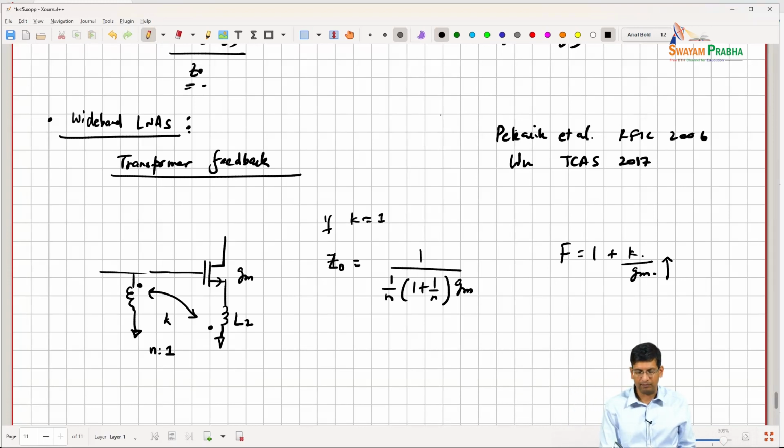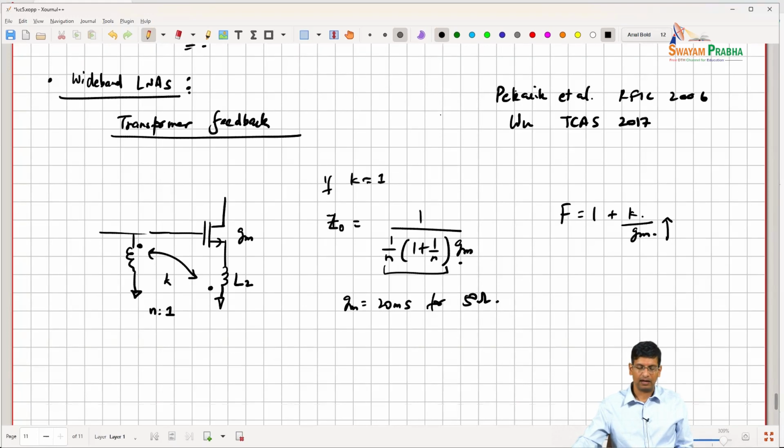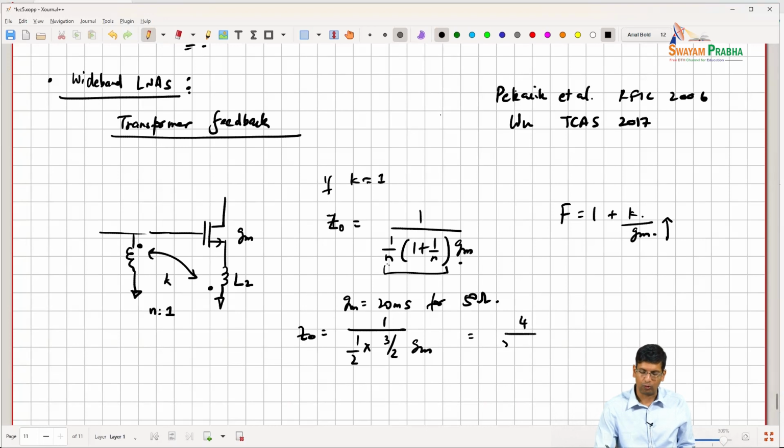But you are constrained here because if this didn't exist, gm would just have to be 20 millisiemens for a 50 ohm match. But because this n exists, let's say, for example, that n is 2. Then you have half times 3 over 2 times gm is Z naught, so then you basically have 4 over 3 gm is Z naught.